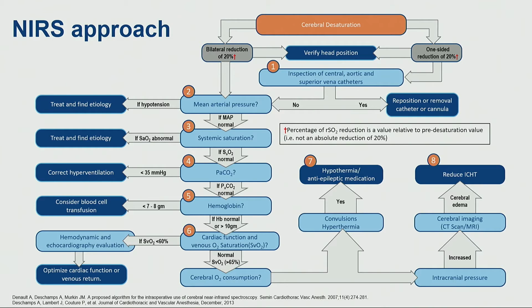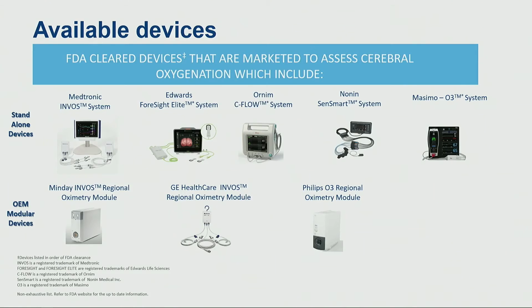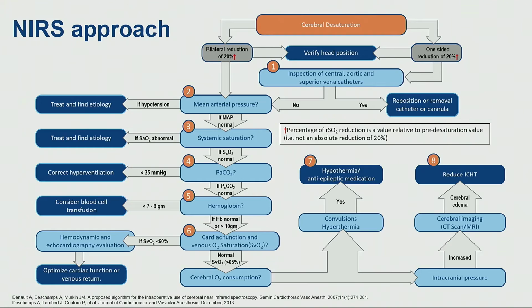So bilateral issues are usually systemic issues; for unilateral issues, look at physical malpositions and things that you can quickly fix. I'll come back to the catastrophic events associated with unilateral issues, but this is a really good stepwise approach that I think all of us should use in our ICUs when we look at NIRS.